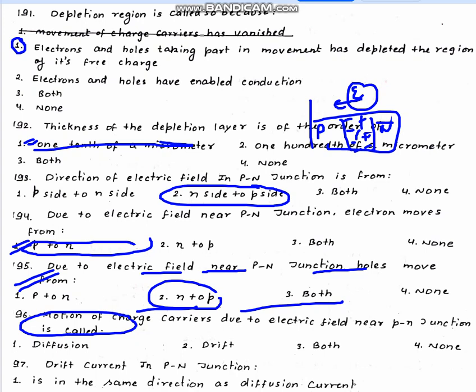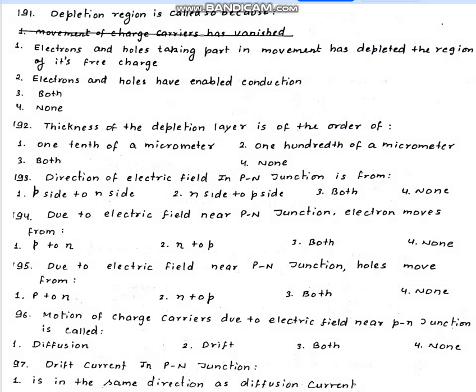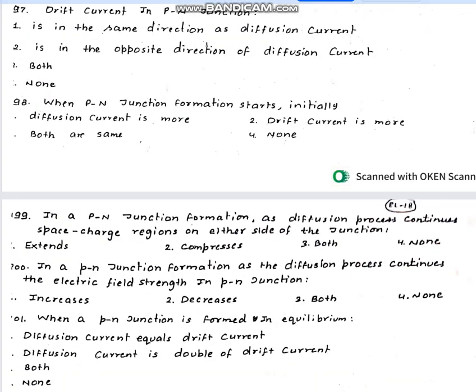Next, the motion of charge carriers due to the electric field near the p-n junction is called drift. Next is the drift current. The next question is about the direction of the drift current. Drift current is in the opposite direction of diffusion. Second is correct. Next, when p-n junction formation starts, initially diffusion current is more. First is correct.